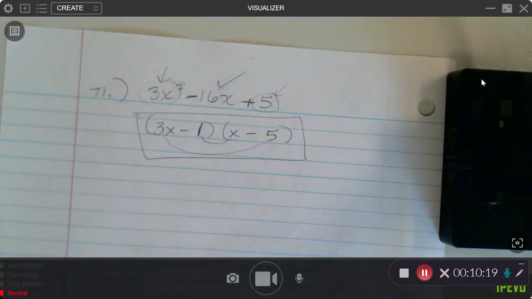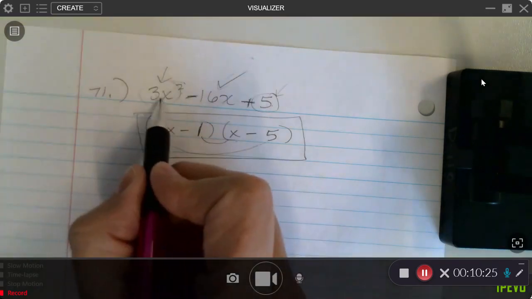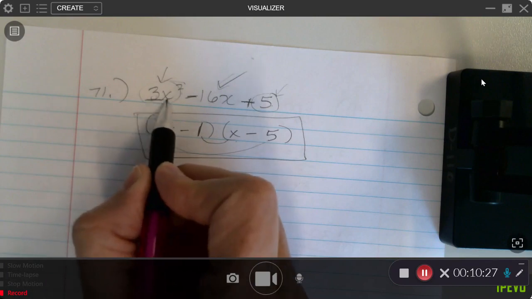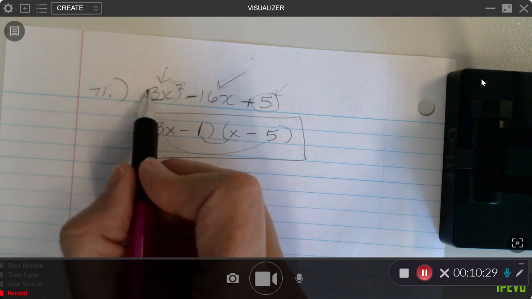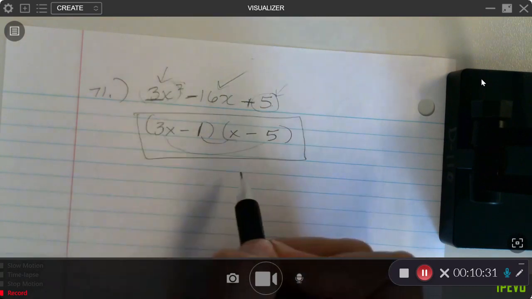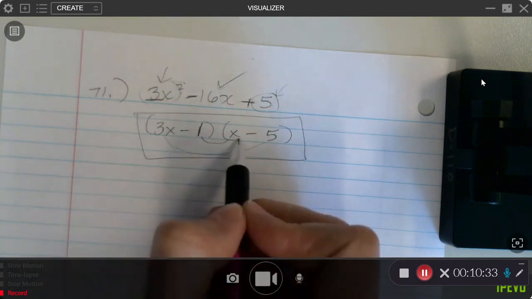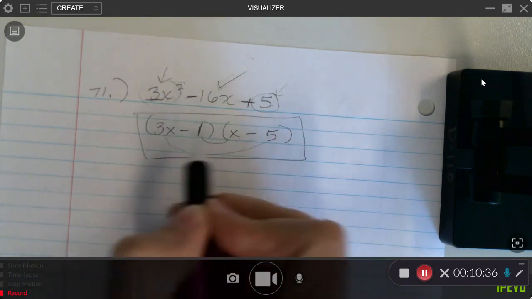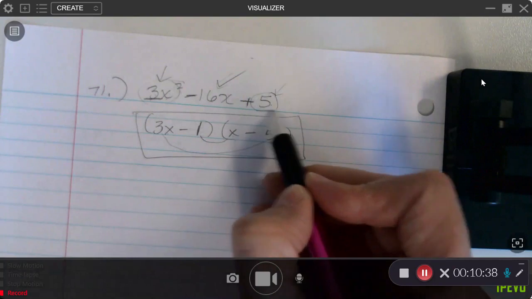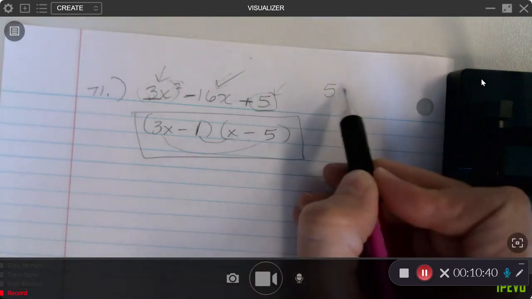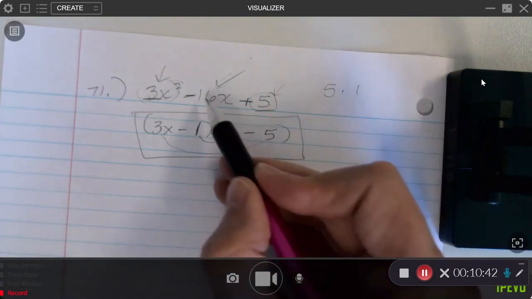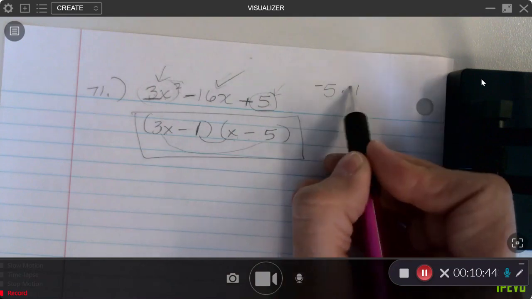What do you think about trial and error? Yeah, because this is just a prime number, you only have 2 things to multiply. It's worth our while to just put them down, 3 times 1, right? And because this one is prime, the only 2 things that multiply to give me 5 are 5 and 1, or in this case, negative 5 and negative 1, right?